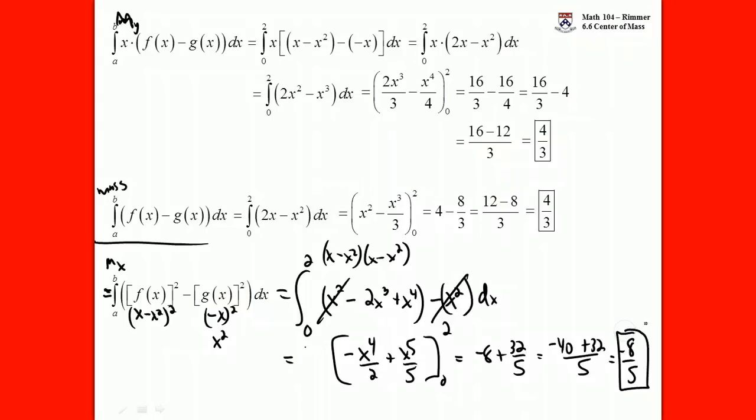Just look at the picture and we'll see why it has to be negative for the moment about the x-axis. The moment about the y-axis makes sense to be positive, but the moment about the x-axis doesn't make sense to be positive. So we get negative 8 fifths for that.